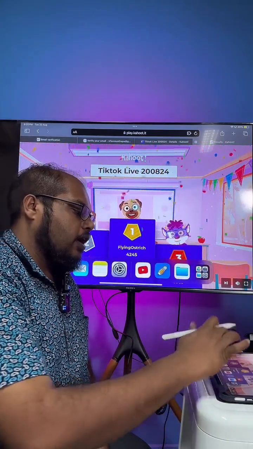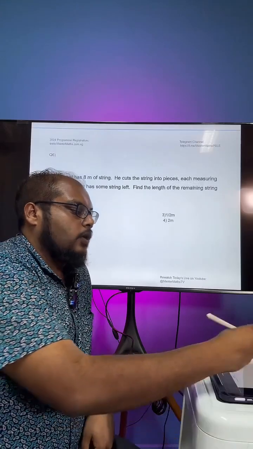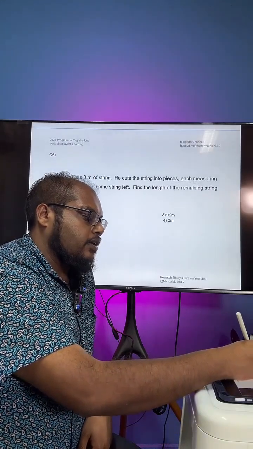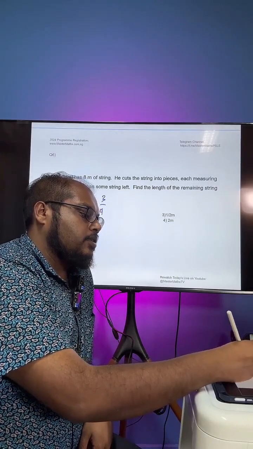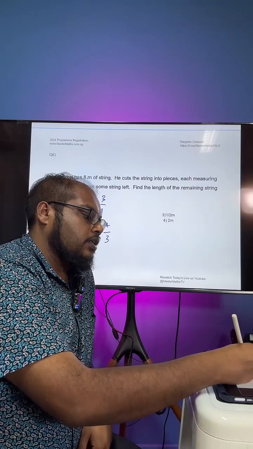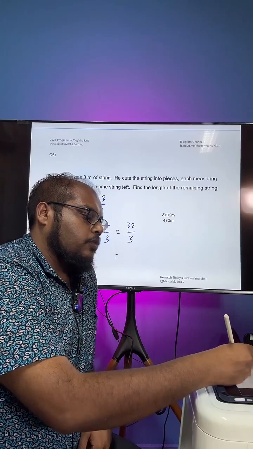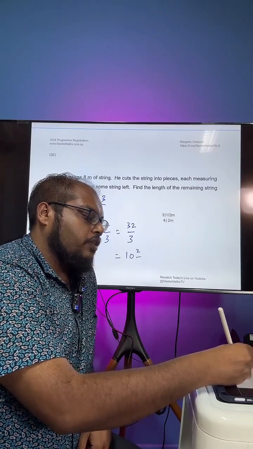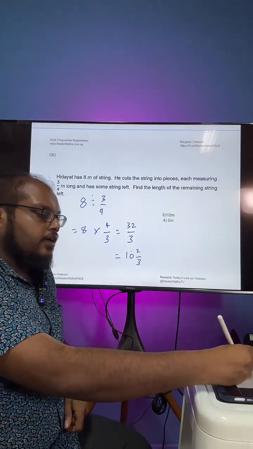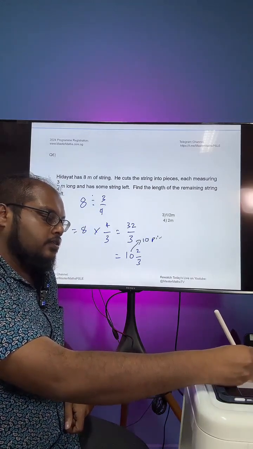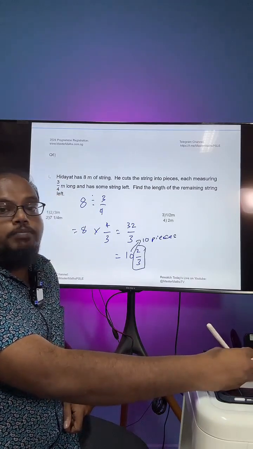Before I leave you off for today, let me quickly go through this. What we can do here is divide. 8 divided by 3/4 is 8 times 4/3, and we'll get 32/3, which gives you 10 wholes and 2/3. So there are 10 pieces and some fraction of a piece left.